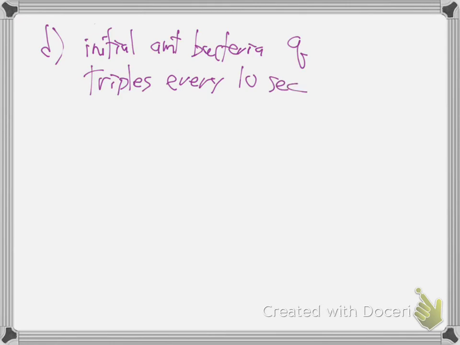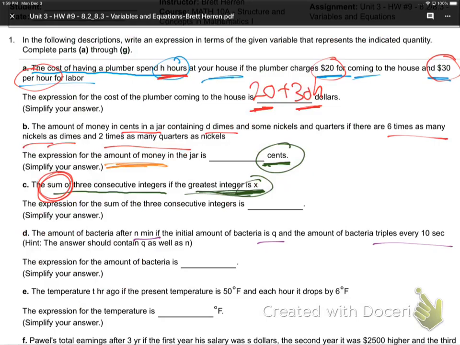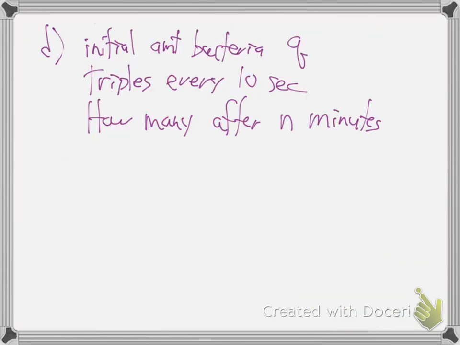Triples every 10 seconds. And how many after n minutes? Isn't that what they said? So it starts at Q, triples every 10 seconds, after n minutes.